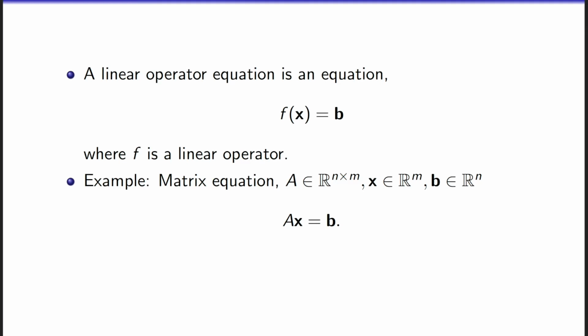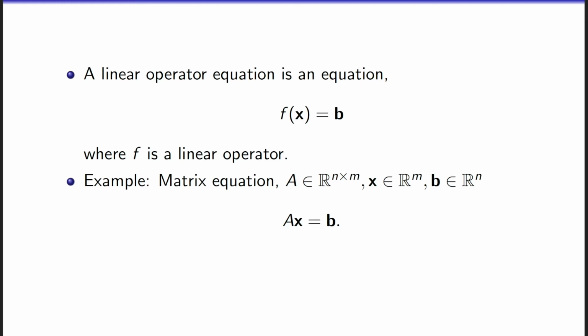The classic example is a matrix equation, Ax equals b. You saw this many, many times in your linear algebra class. Recall, this represents a linear system of equations where the unknowns are stored in the vector x, and the right-hand side of those equations is given by the vector b.